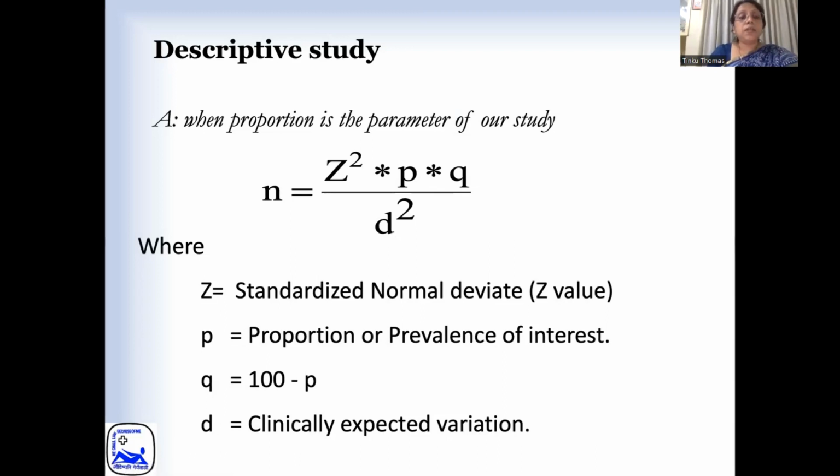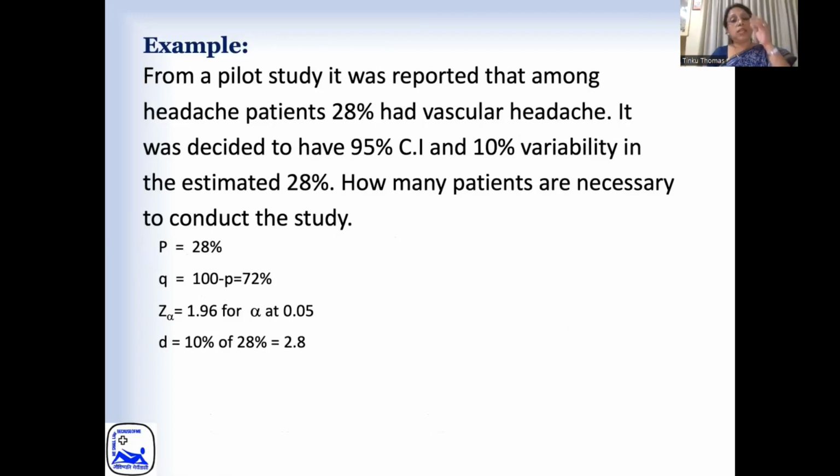So suppose our study is to estimate the prevalence of vascular headache, and we have some prior data which says that 28% of all headaches are vascular headaches. Based on that, we are trying to calculate a sample size: if 28% is the prevalence of vascular headache, what sample size do I need for an estimate with reasonable precision?